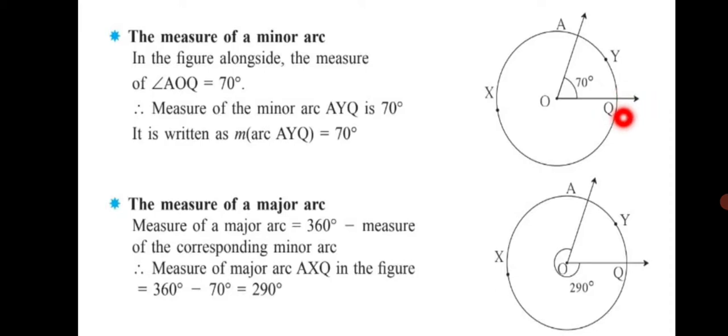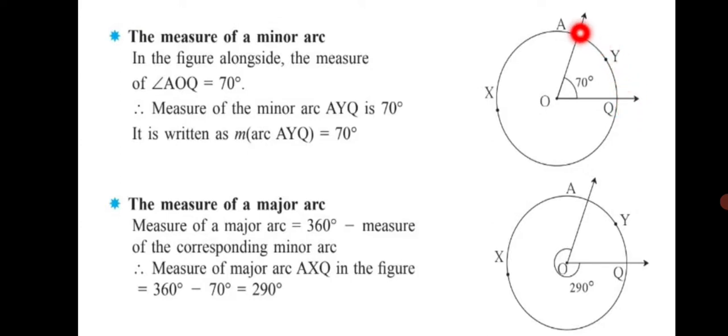So we can write measurement of minor arc AYQ is equal to 70 degree. How is it written? It is written as m, m means measure. In bracket, you write arc and name of the arc AYQ is equal to 70 degree. Since the central angle is 70 degree, the measurement of the arc formed by it is also 70 degree.